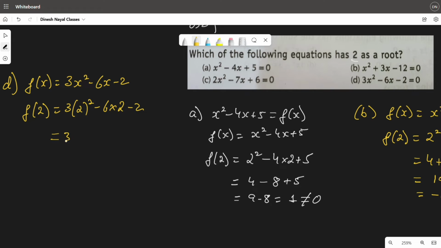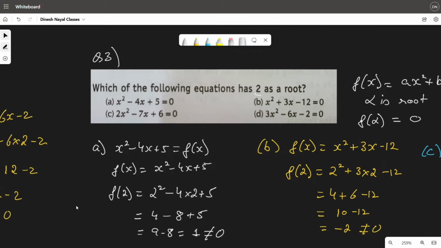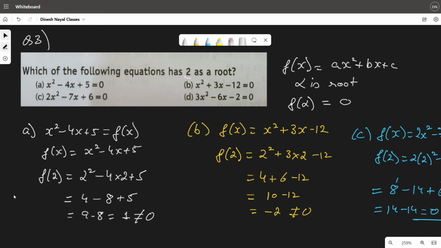So this is 3 into 4, which is 12, minus 6 into 2 is 12, minus 2. 12 minus 12 minus 2, the answer is minus 2, which is not equal to 0. So hence C is our answer, in which we got f of 2 equals 0. The third part, C, is the correct answer.